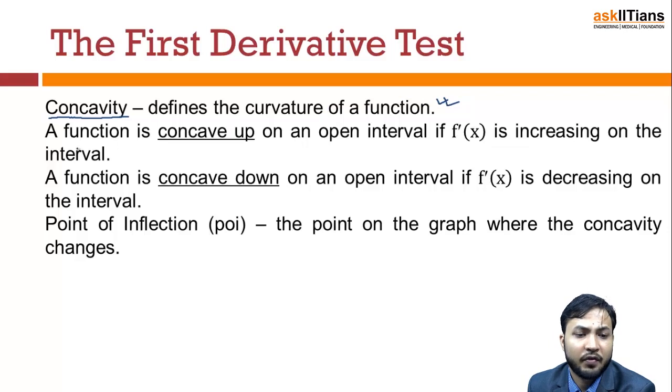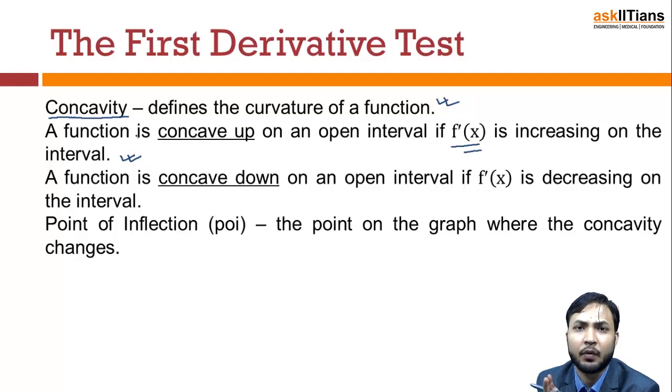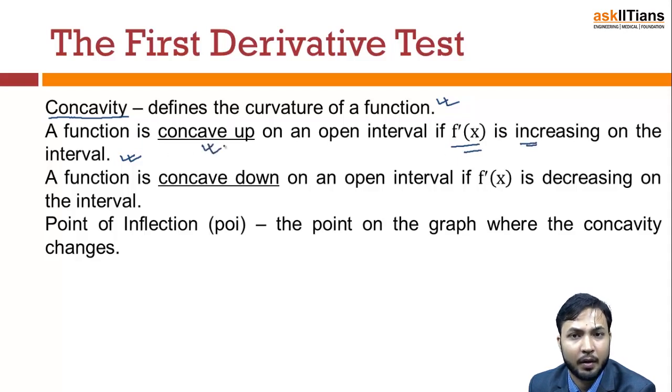A function is concave upwards on an open interval if my f dash x is increasing on that interval. Similarly, nothing different, we are just naming that particular local part or interval with a particular name. If it is an increasing function, then it is concave upwards.